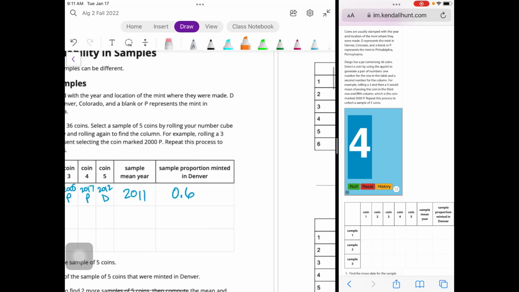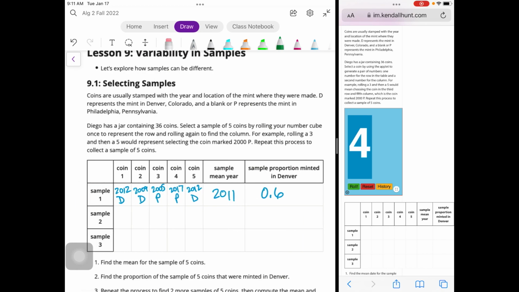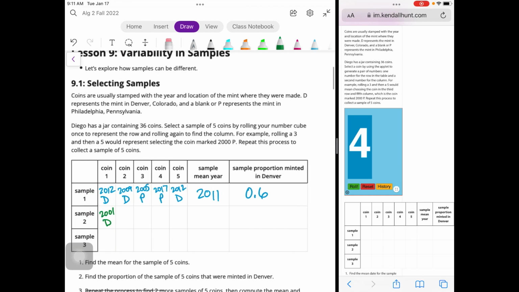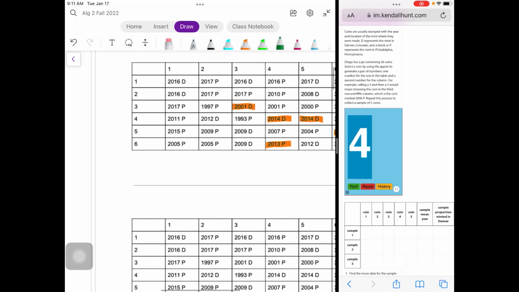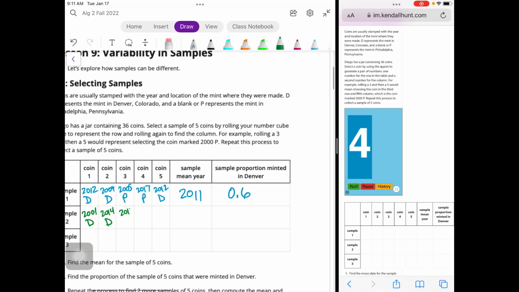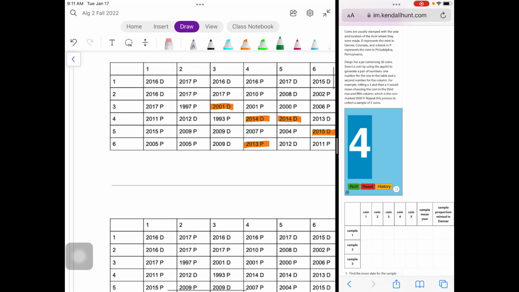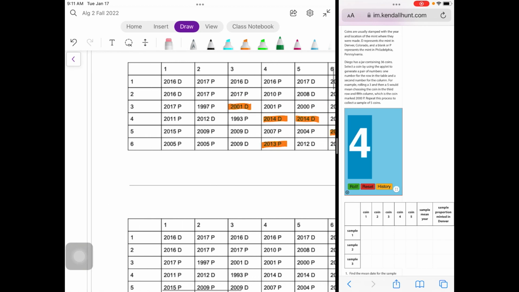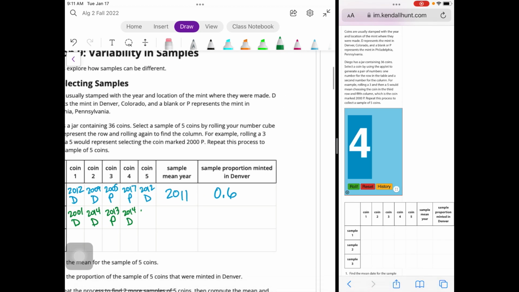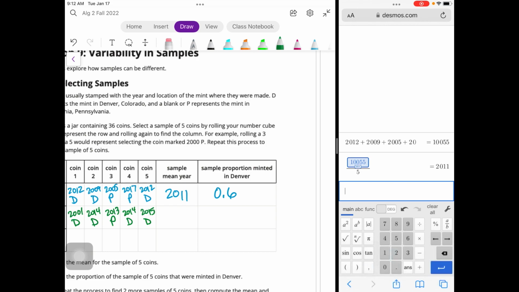So we had 2001D, and again, it doesn't matter the order that we write them down. 2014D, 2013P, 2014D, and 2015D. All right, and then we're going to go back to our calculator and clear all.